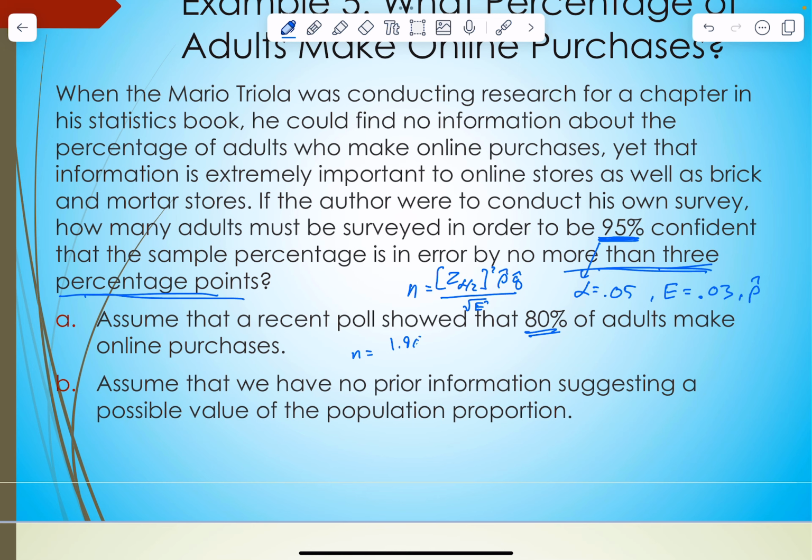So what I need to do is square that and multiply by 0.8 times, what's q? 0.2, over 0.03 squared. Let's see what that gives us: 1.96 squared times 0.16, divided by 0.03 squared.